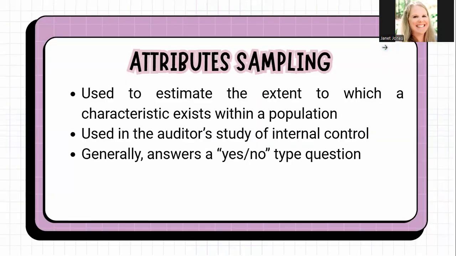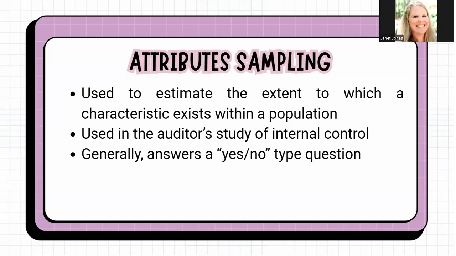Attribute sampling is used basically when we're testing our internal controls. Attribute sampling is trying to determine if a population has a particular attribute or characteristic. We are using attribute sampling when we're trying to answer a particular yes or no type question. Is an internal control operating the way we think it is? Yes or no?